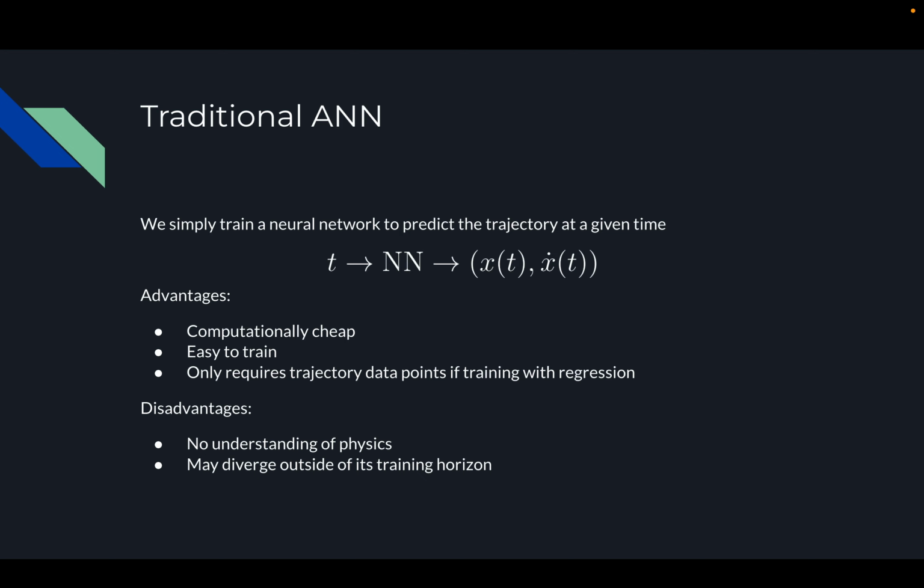Its disadvantages included that it had no understanding of physics and that it could diverge outside of its training horizon. This was a network with 3 hidden layers of width 128 neurons, and it was trained for 2,000 epochs with a learning rate of 5 times 10 to the negative 4.